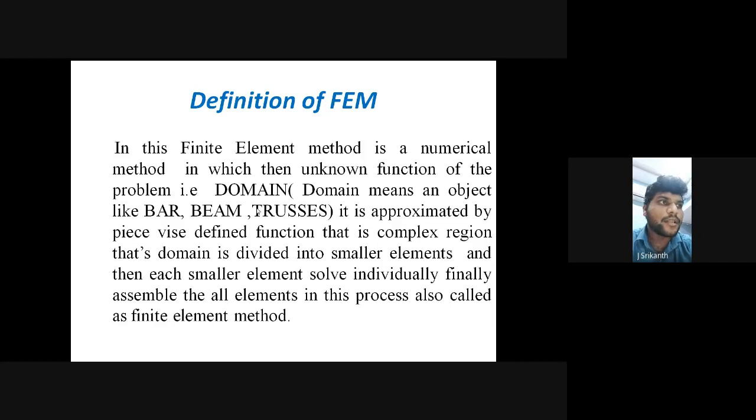What is the meaning of trusses? This is also the same, two dimensional: x-axis and y-axis also. So domain is an element. Bar is one dimensional, beam is two dimensional, and trusses are also two dimensional.